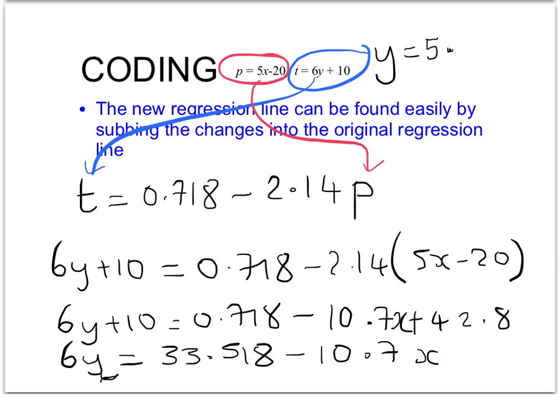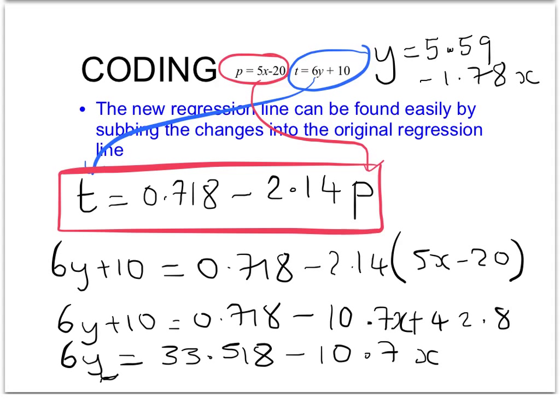And 3 significant figures, don't forget. So 5.59 and then minus 10.7 divided by 6, 1.78. So minus 1.78x. So we've gone from the original regression line of T on P to the new regression line of Y on X. Very simple.